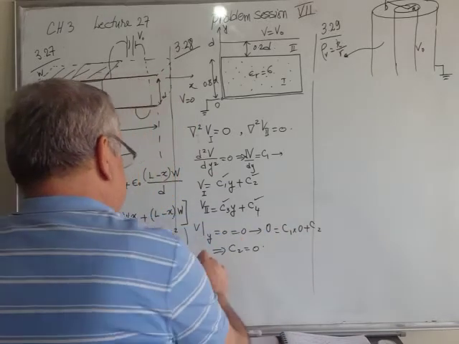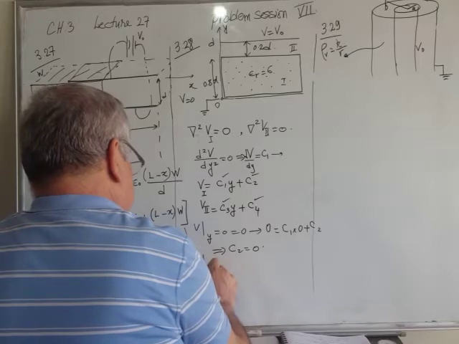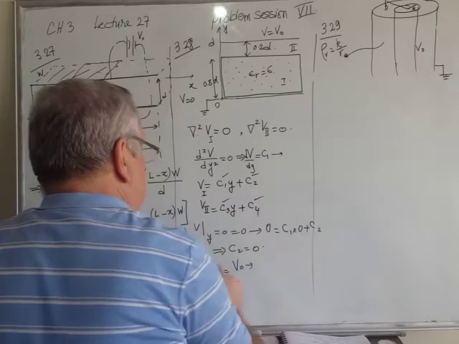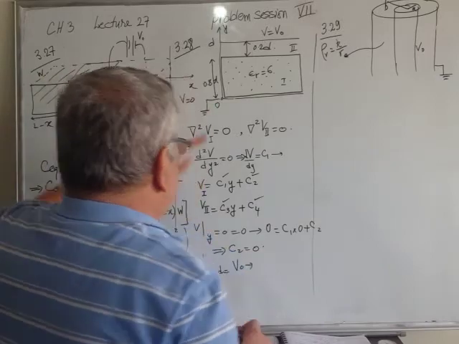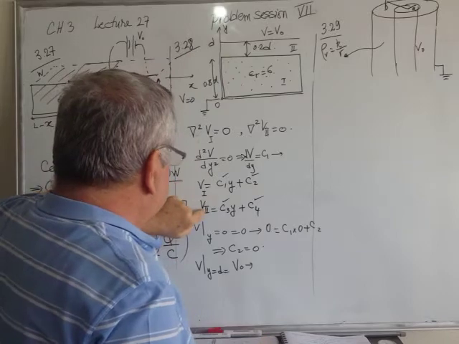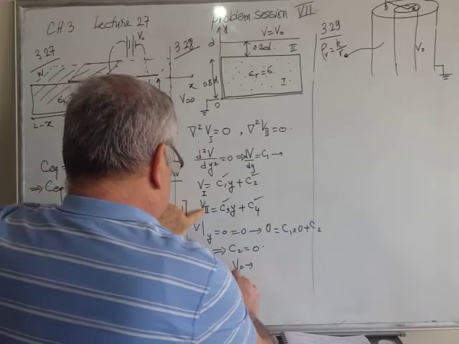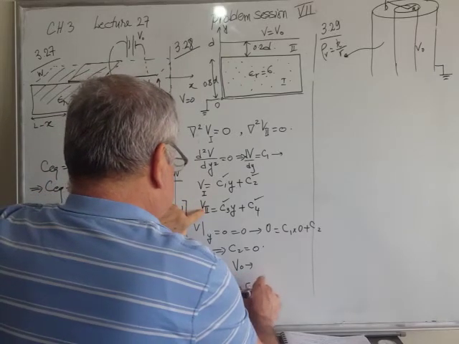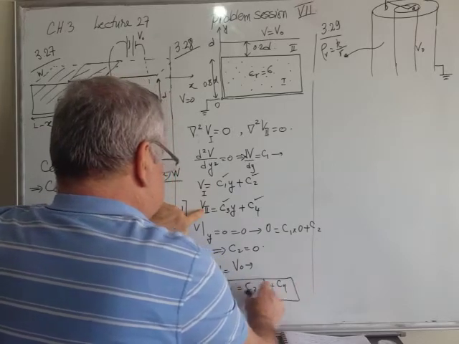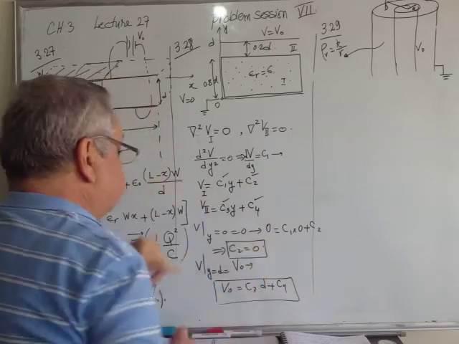Okay? Then, second condition, V at y equals d is V0. What does that mean? At y equals d, we are in air, so we are in the second region. So this is V0 equal to C3 times d plus C4. This is a relation between C3 and C4, and C2 is 0.